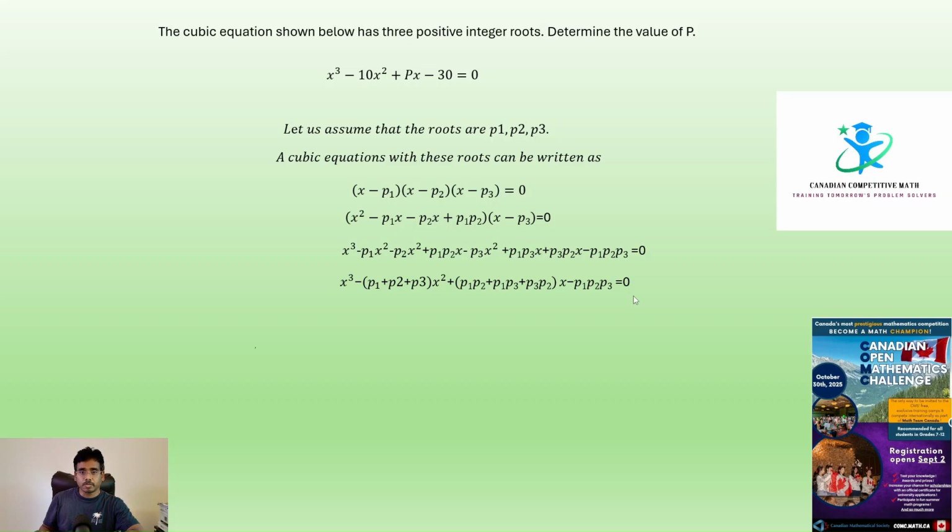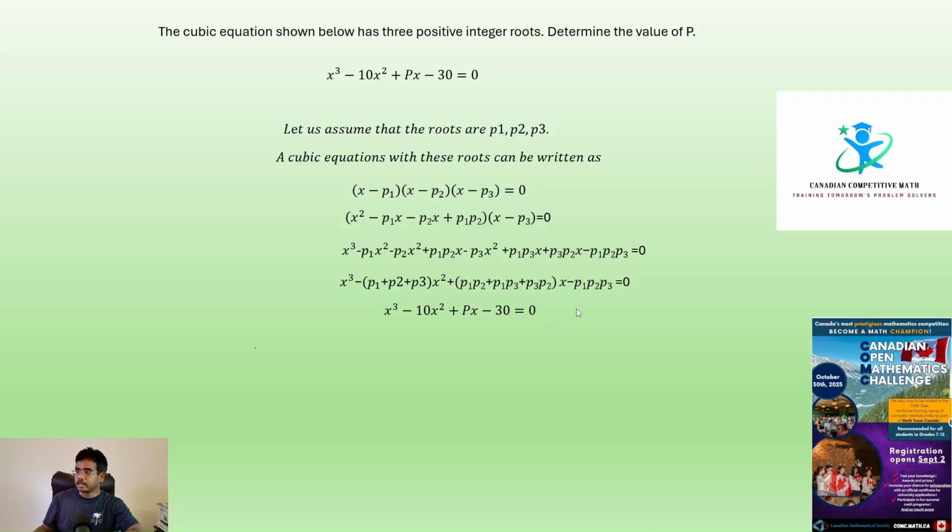As per our question, this expression is exactly the same as the expression given. Since the coefficient of x cubed is 1 in both equations, all the other coefficients should be equal to each other.